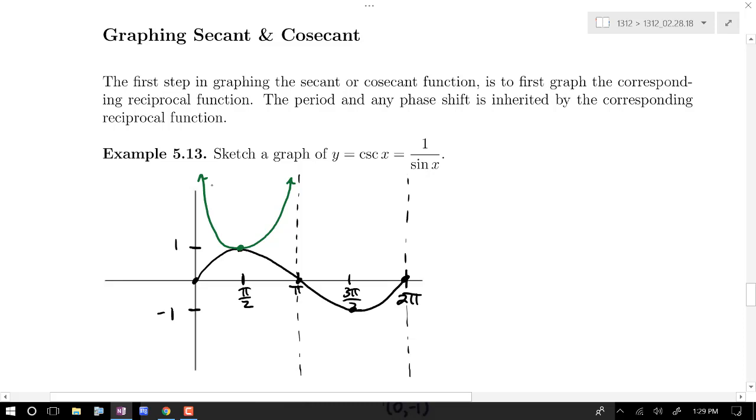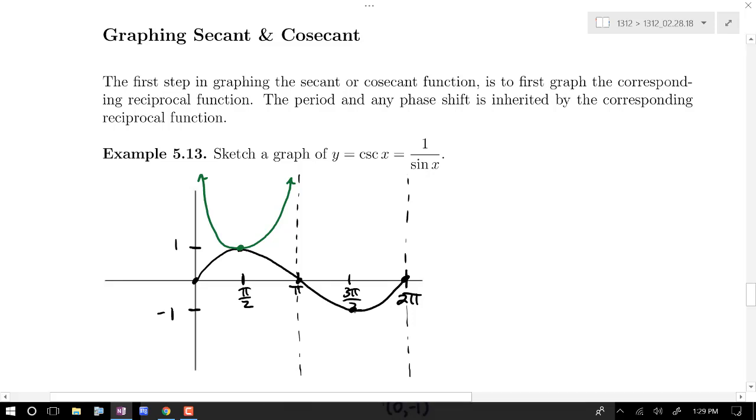Now, if we look at what's happening in the other piece, at 3 pi over 2, sine is equal to negative 1. So what's the value of cosecant? Negative 1, because 1 divided by negative 1 is negative 1.